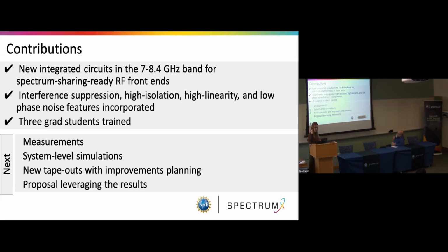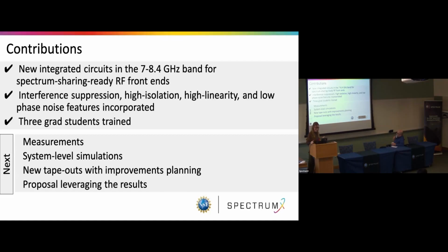Three grad students were trained and are still being trained. The next steps will be measurements and system level simulations, where we are going to grab all of the circuit models, transform them into behavioral models, connect all of them, and simulate a real or complete RF front end.